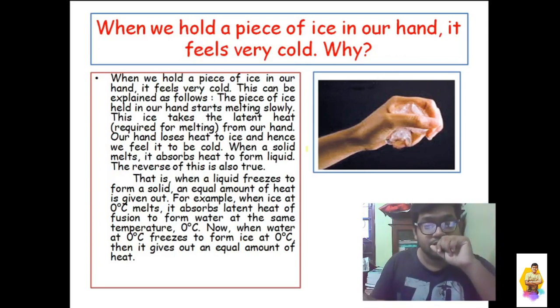So from where does it get that latent heat? Obviously, it gets the latent heat from our palm as well as from the atmosphere. So a heat is released from our hand. So that is why we feel cold when we hold a piece of ice in our hand.